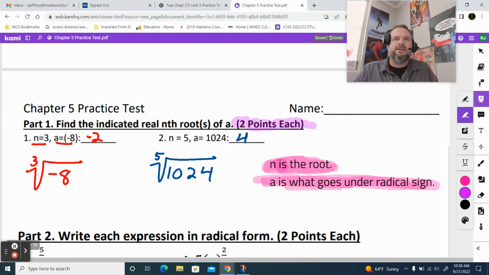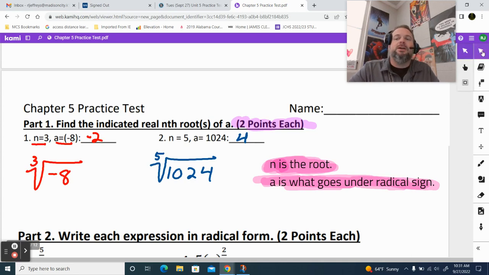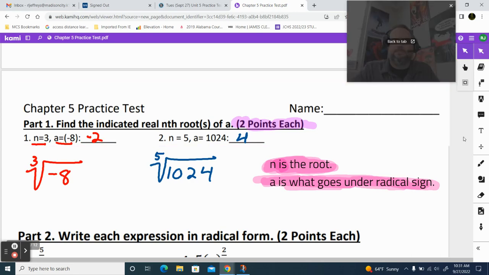Granted, you have to know how to put it in your calculator. If you had not paid attention, you could go back and look at the videos, because I actually explain how to do that. If you do not have the same type of calculator, some of your buttons may be different. Like for the Casios, you may have to hit Shift.